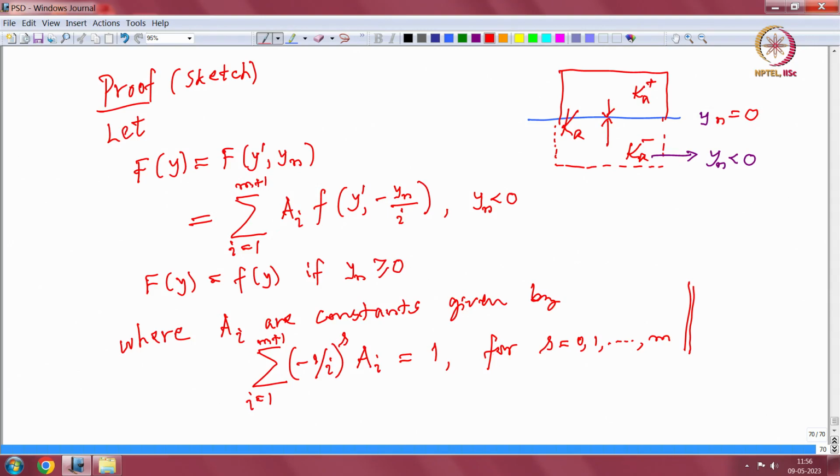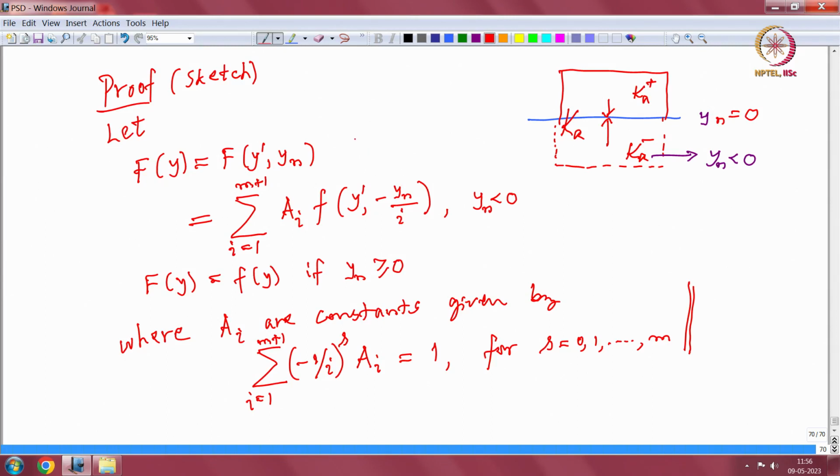This is required for the continuity of this extension, and also continuity up to order m. That's why, if you just want continuity, then reflection will do. This is a little algebra you can do.